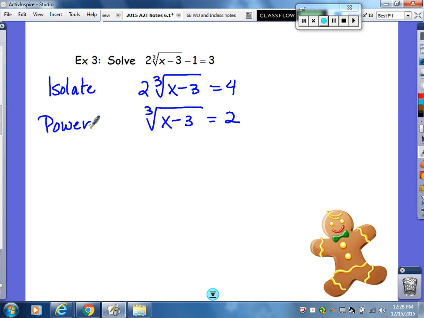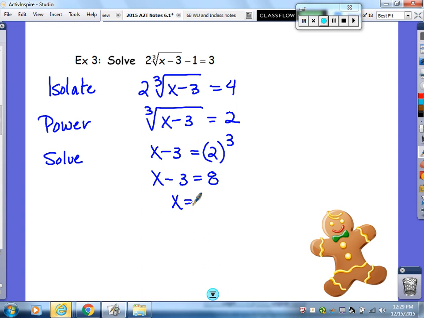Because this is a cube root, I'm going to raise it to the 3rd power. So x minus 3 is equal to 2 to the 3rd power. Now we're up to step 3, we're going to solve. x minus 3 is equal to 8, add 3, so x is equal to 11.